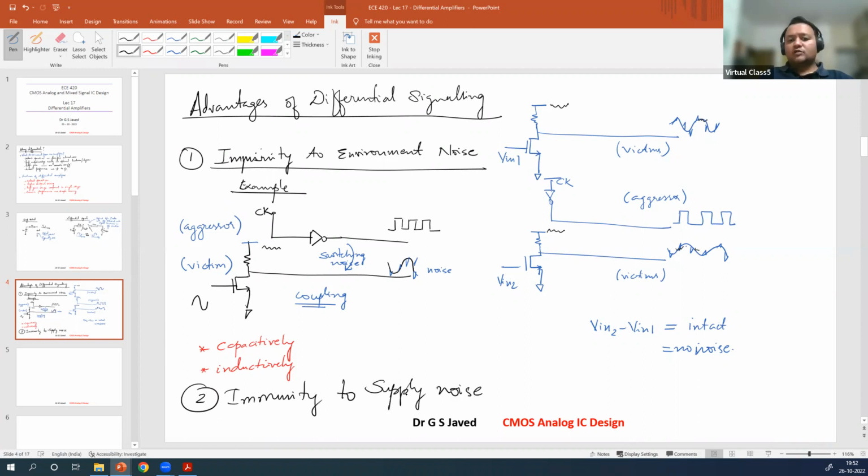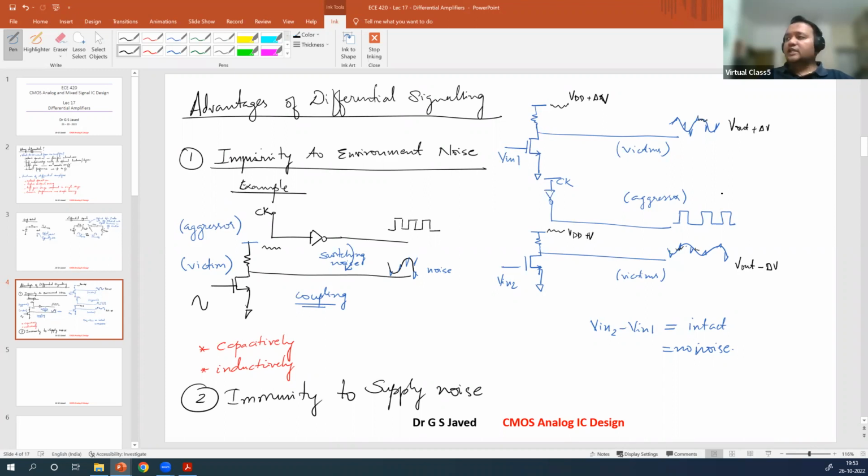Right? So whatever the change is there, you will see. For example, if there is a change, if you call it VDD plus delta X, and this is VDD plus delta V, this would get affected by V out plus delta V. Here, since it is going in the opposite direction, V out minus delta V. So the difference between the two would be V out only.